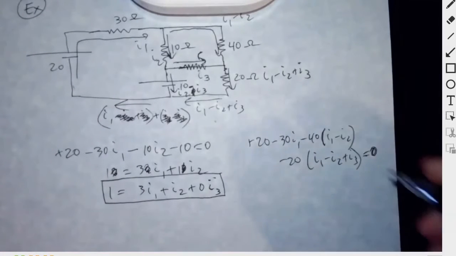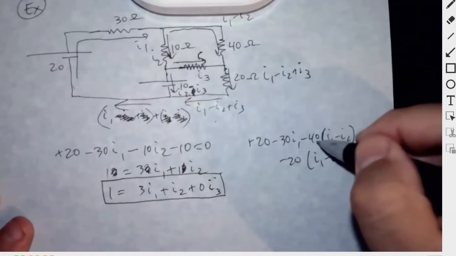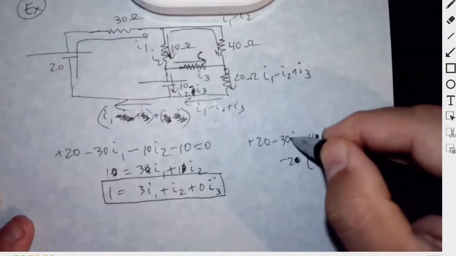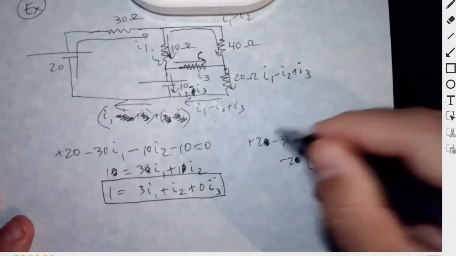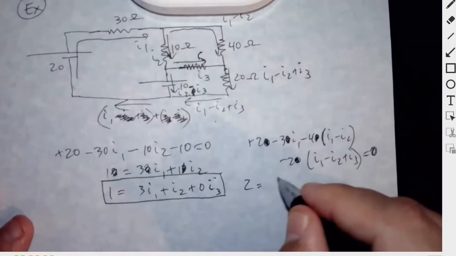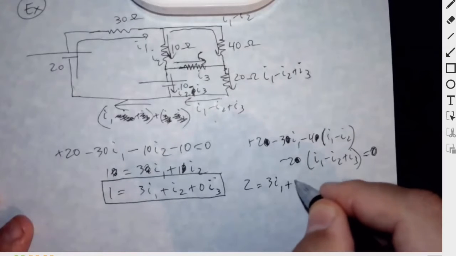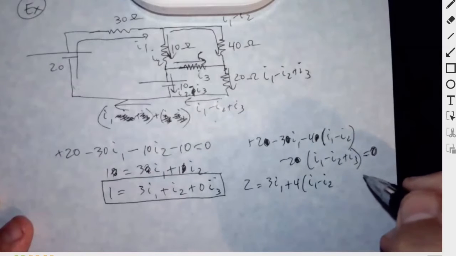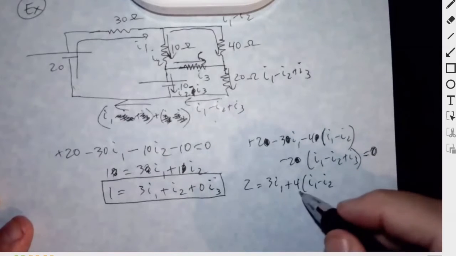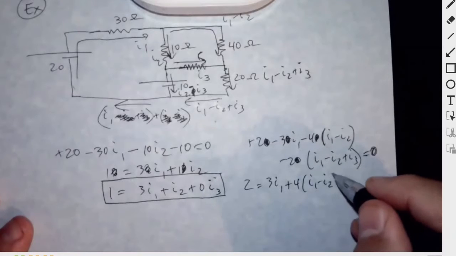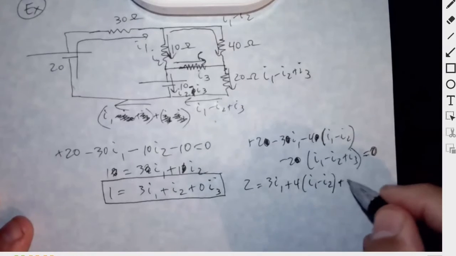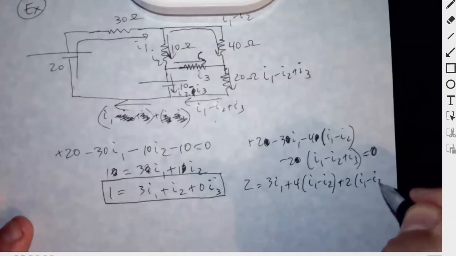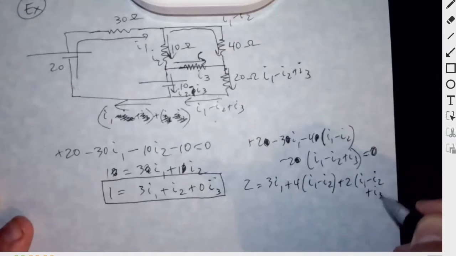You see, so then you're going to have the zeros cancel. 2 is equal to 3 I1 plus 4 times I1 minus I2 plus 2 times I1 minus I2 plus I3.